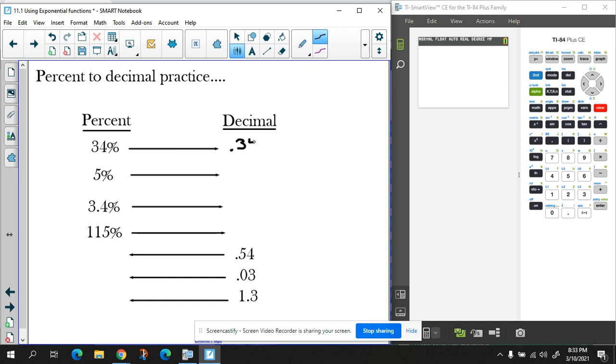So the decimal format would be 0.34. 5%, if you tried to move the decimal 2 to the left or took 5 and divided it by 100, remember would be 0.05. 3.4% written as a decimal, or 3.4 divided by 100, would be 0.034.